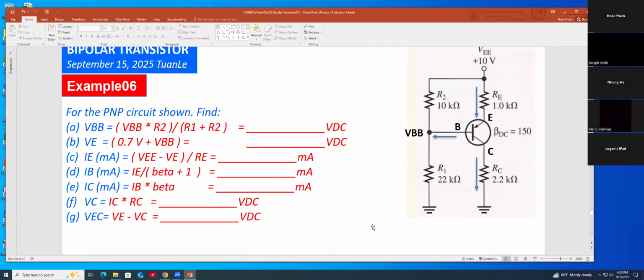First thing, they calculate the VBB. Same thing as when we calculate the VBB in the NPN. That means VBB equals VCC times R2 divided by R1 plus R2. Okay. And now they want to calculate the VE.